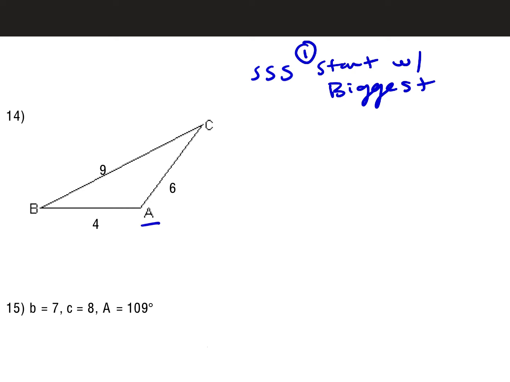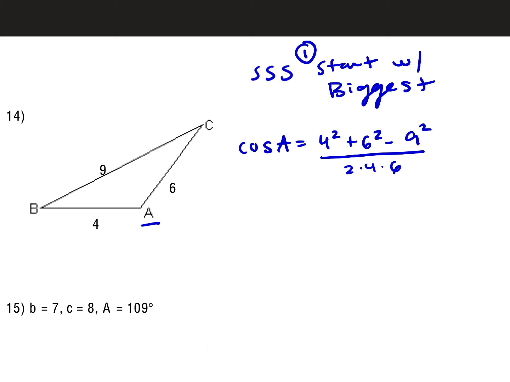So we're going to find A first. So law of cosines, to find angle A would be cosine of A is equal to 4 squared plus 6 squared minus 9 squared over 2 times 4 times 6.